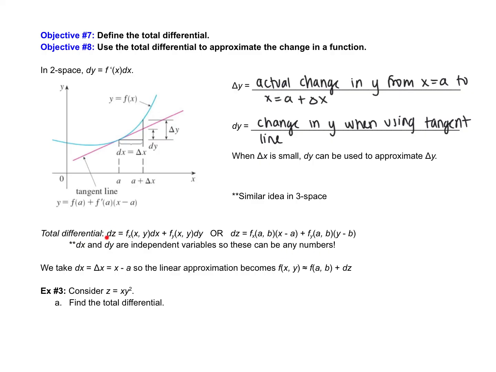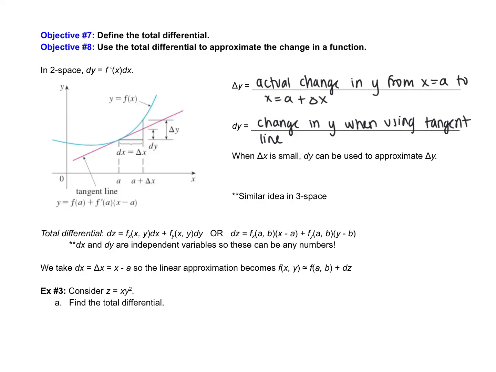So dz in this case would be the estimated or the approximated change in z. dz is going to be the approximate change in z using our tangent plane, which is where these then come from. We're going to take a small change in x. So then this dx, this change in x, we can approximate with x minus a.